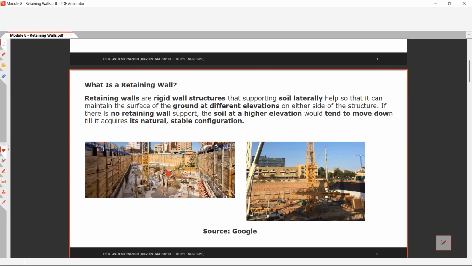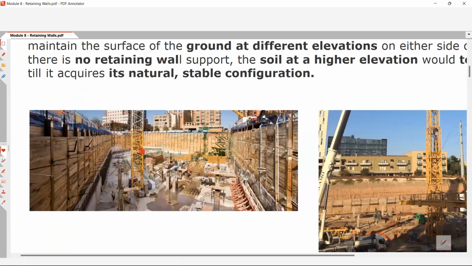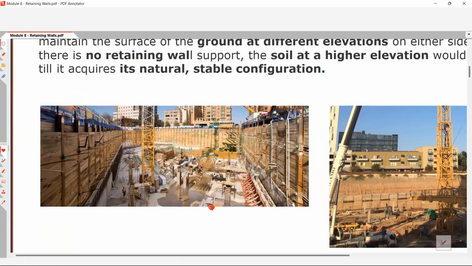For example, we have this mat foundation. I think our foundation in this project is large. So this is a foundation. Then, of course, at the foundation site, we need to have excavation, right? We should not excavate all of it. So this is the retaining wall, this area. These are the retaining walls.